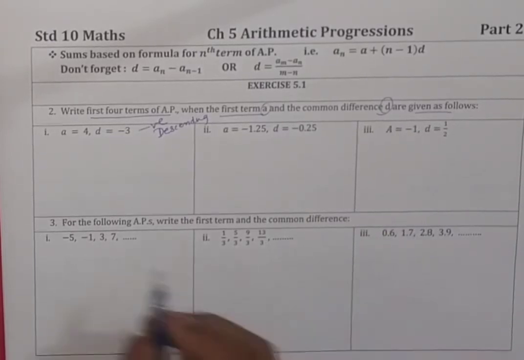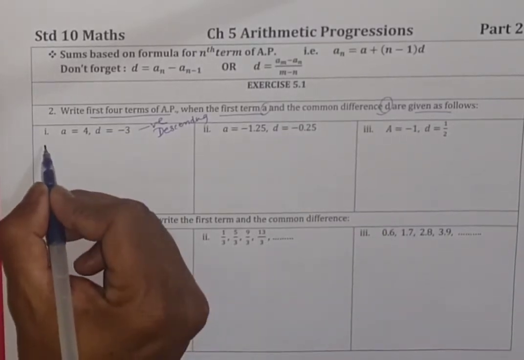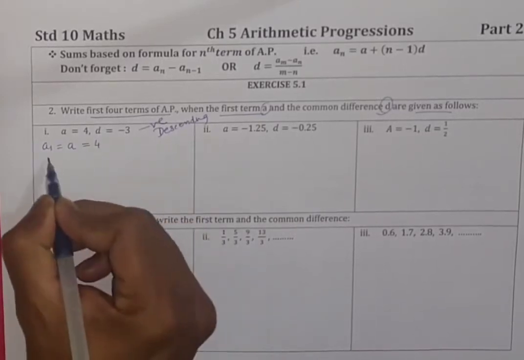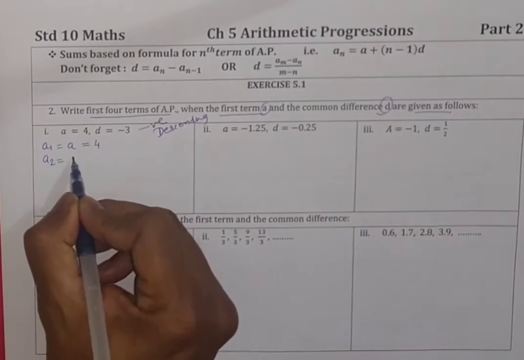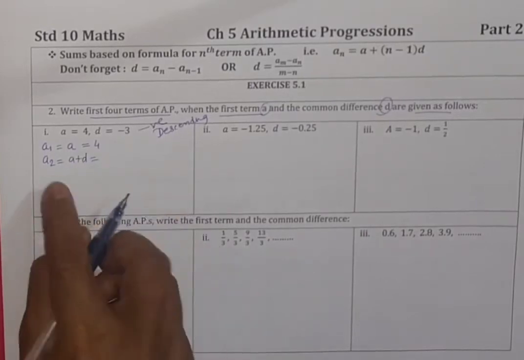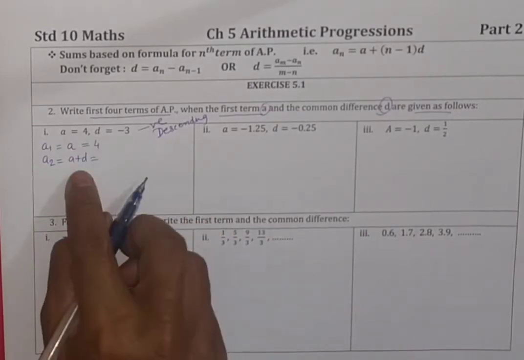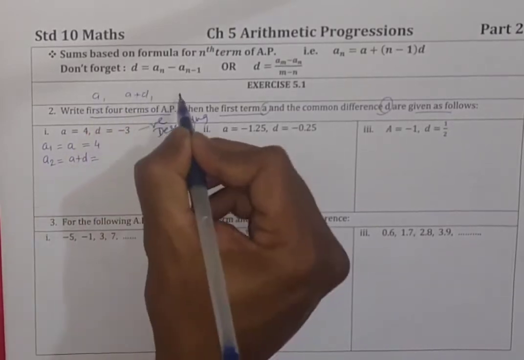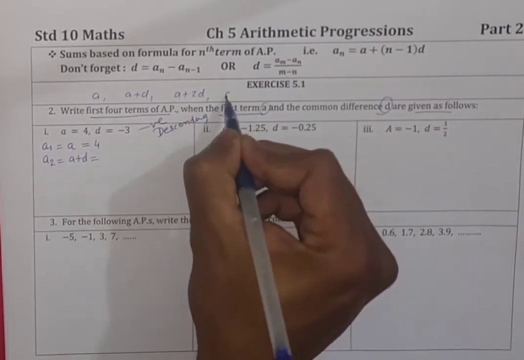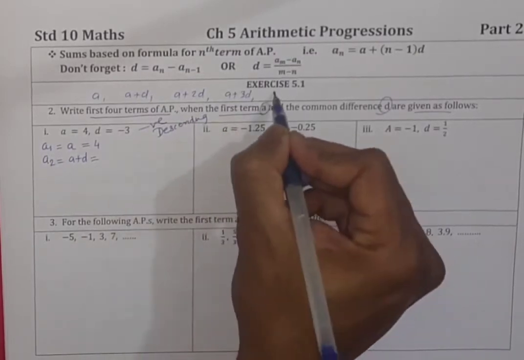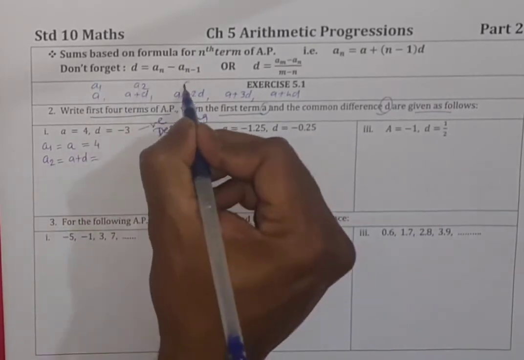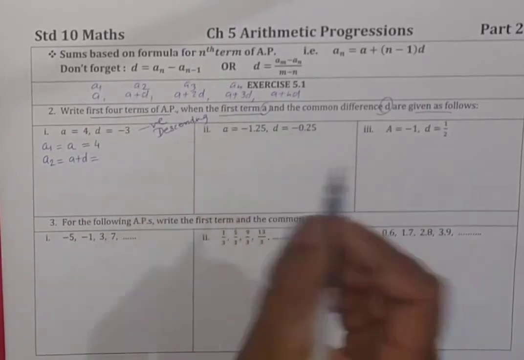When first term A and the common difference D are given. Okay? Chaliye. You know, first term A1 is A and that is equal to 4. Second term A2 is A plus D. You know that second term is A plus D. See that A plus D, A plus 2D, A plus 3D, A plus 4D, ये है A1, ये है A2, ये है A3, A4 and so on.